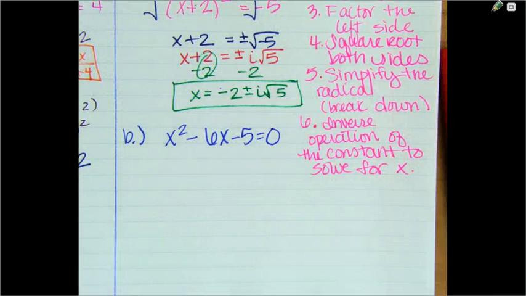Okay, I'm going to give you a new problem. X squared minus 6x minus 5 equals 0. What are the rules for completing the square? First two rules. A equals 1, and B is what?